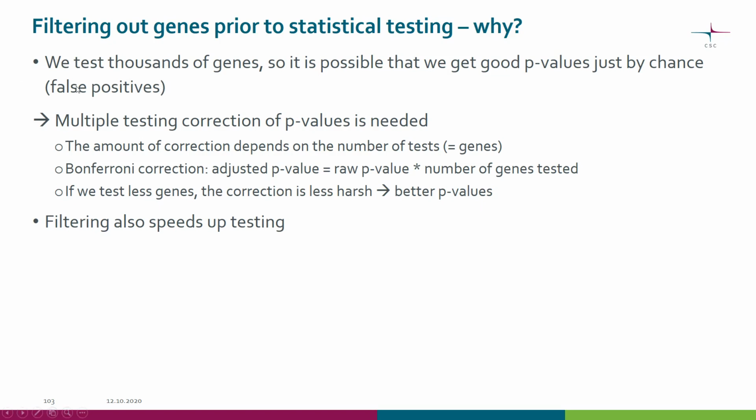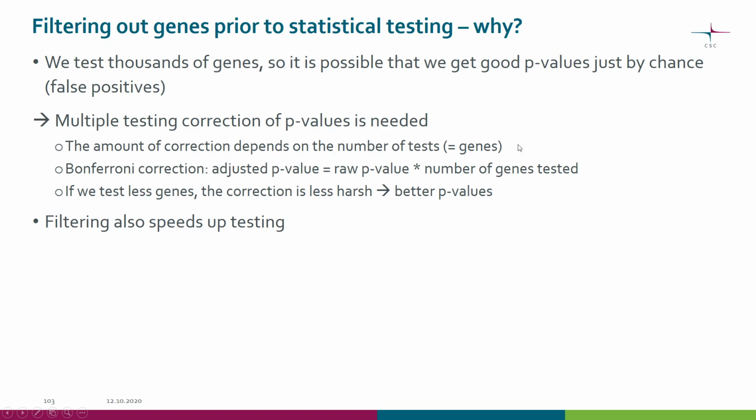And for this, people have developed methods to correct for this. So this is called multiple testing correction, which you might be familiar with from other contexts, such as microarrays or bulk RNA-seq. And so the basic idea is that we multiply the p-value by a number that is relative to the number of tests we run.